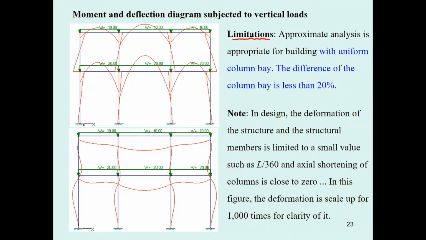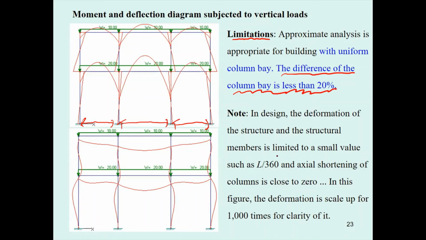The bay, the bay is the length between the columns, is supposed to be very close to each other. The difference in the length between the columns is supposed to be less than 20%.